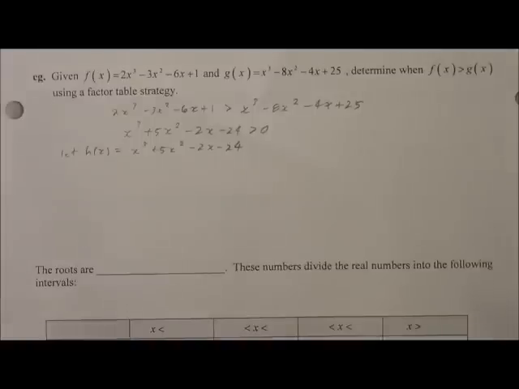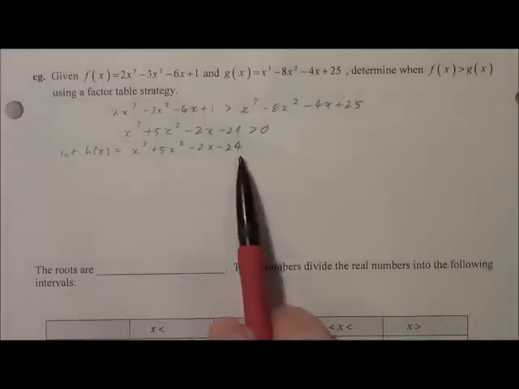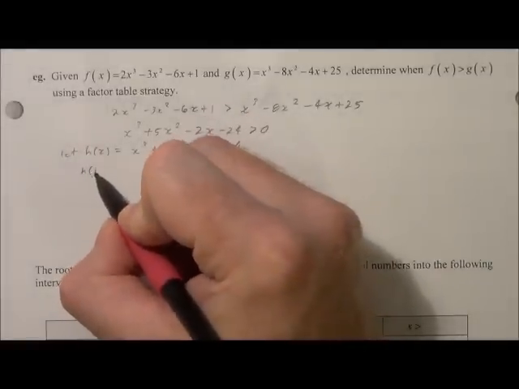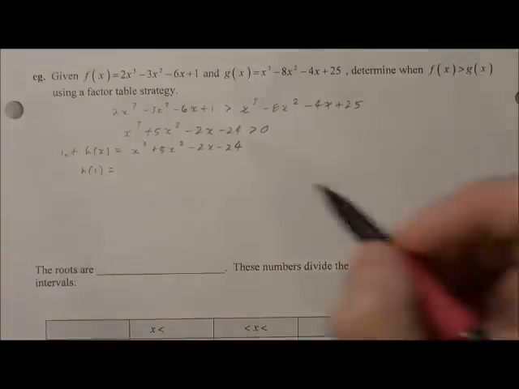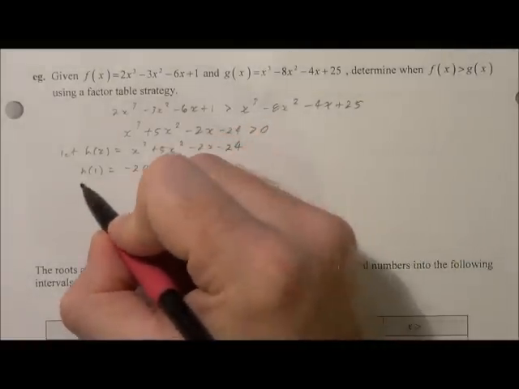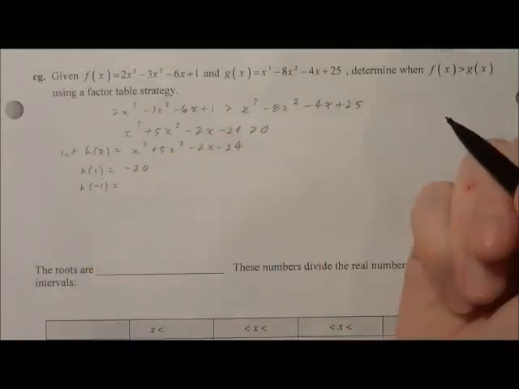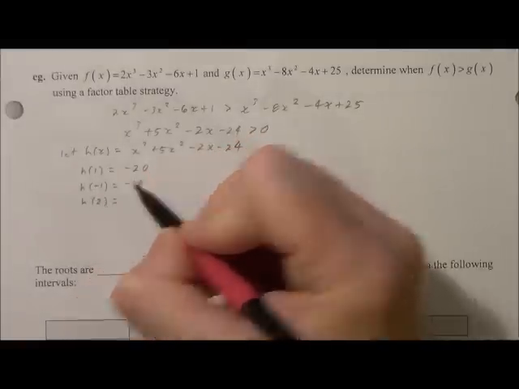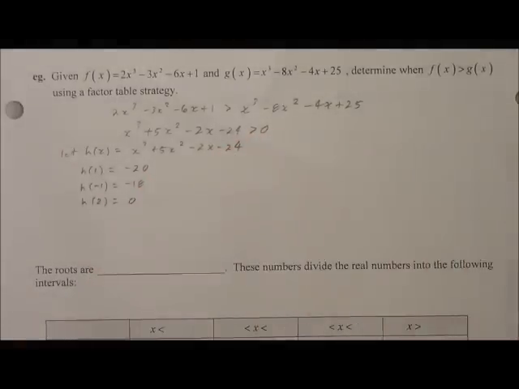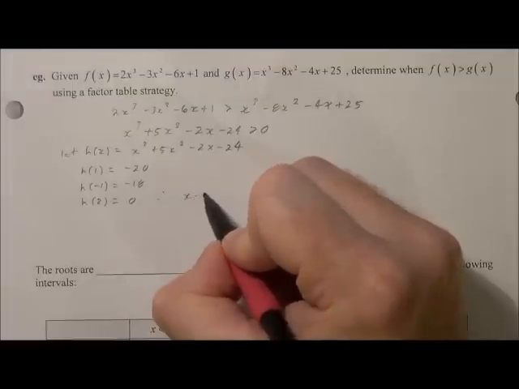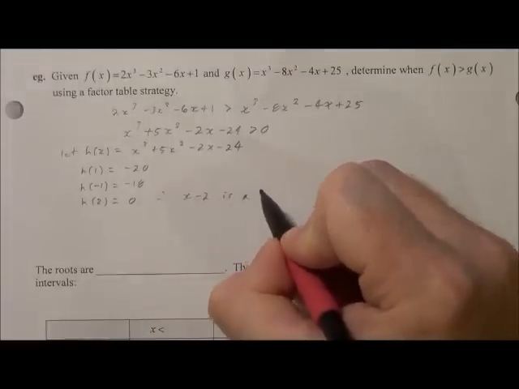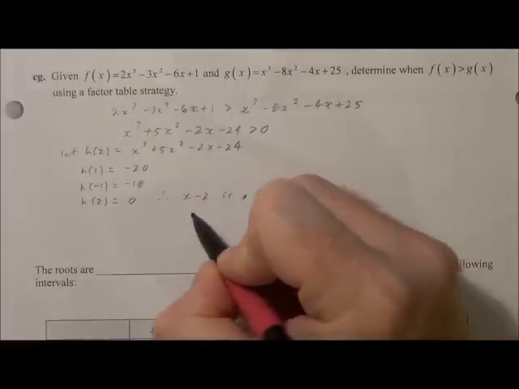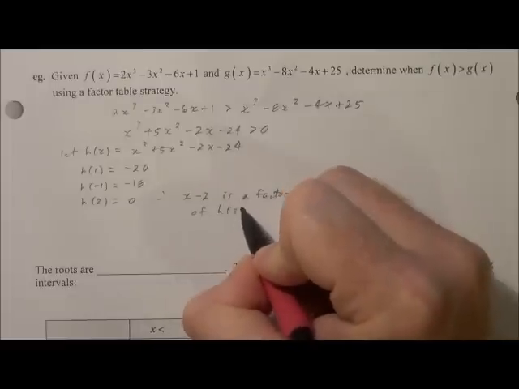And now I'll perform the factor theorem to factor this down. So h of 1 is negative 20, h of negative 1 is negative 18, h of 2 is 0. Therefore, x minus 2 is a factor of h of x.